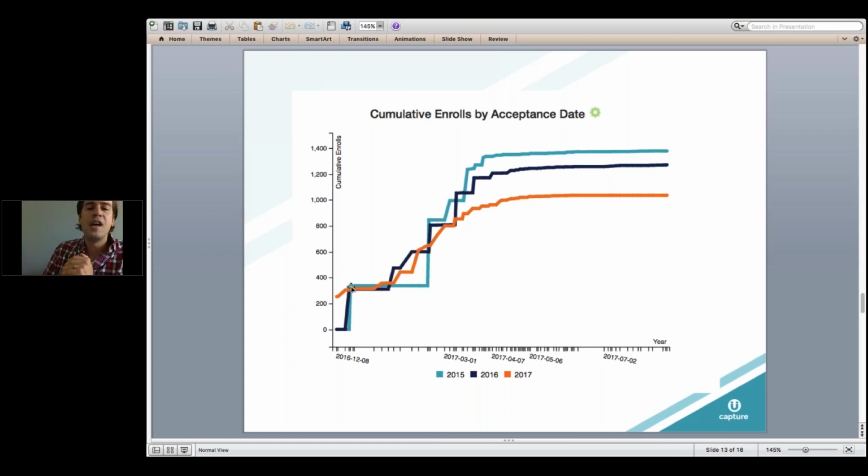And so I think there's been some confusion over this in the last year, where we predicted something that's well short of what they're expecting as their total class. But that's because we're saying at this point in time, if you did not admit any more students, if you didn't take any more action, here's what your class would look like. After you've admitted all your students, then that's the full size prediction.